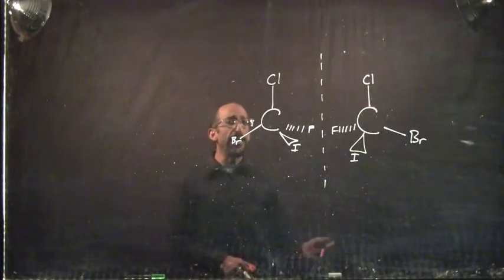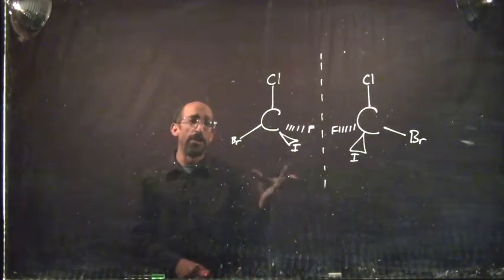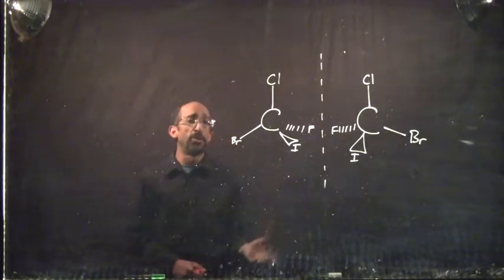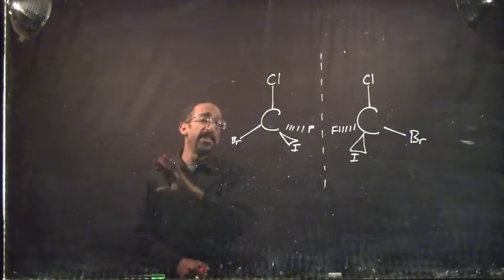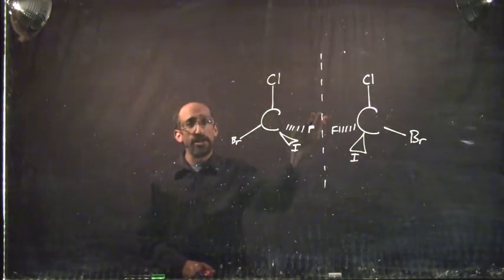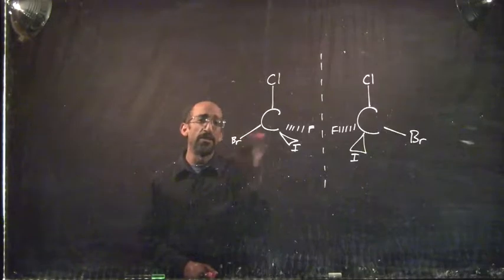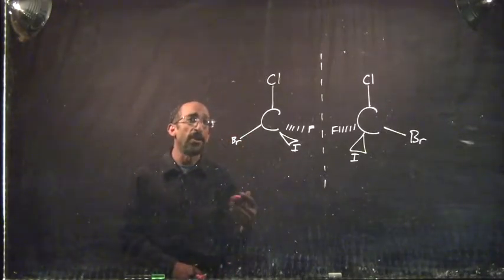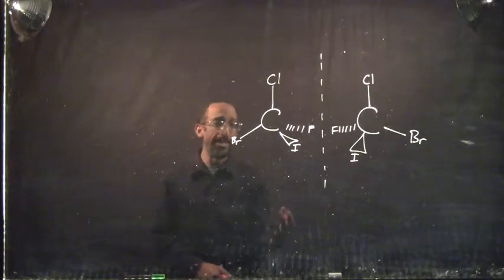So to determine the absolute configuration of a chiral carbon, whether it's R or whether it's S, we do something very similar to what we did with assigning EZ nomenclature to alkenes, in that we look at each of these 4 different substituents individually, and we assign them a priority rank based on the Cahn-Ingold-Prelog or CIP rules.